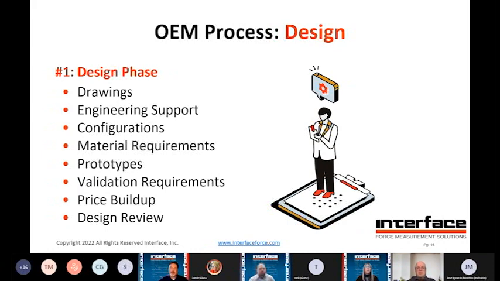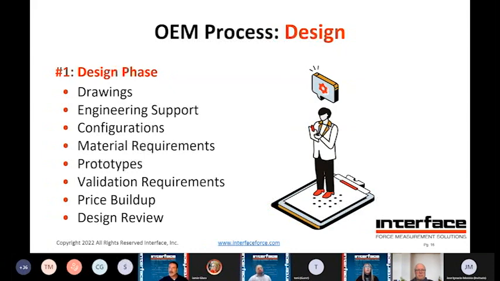We're reviewing the configurations, different options that we need to incorporate on the particular solution. The material requirements, we want to make sure that we're designing in materials that are readily available and that meet all the special performance specifications as far as output performance and such.